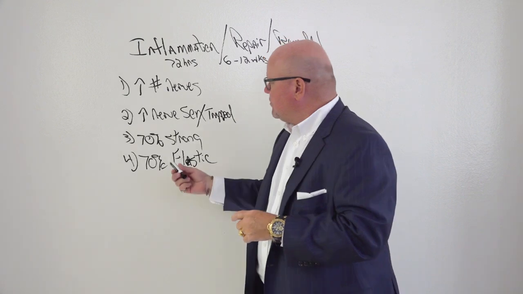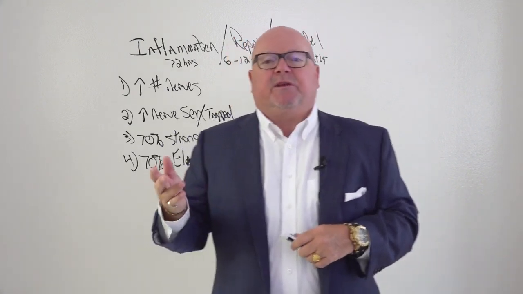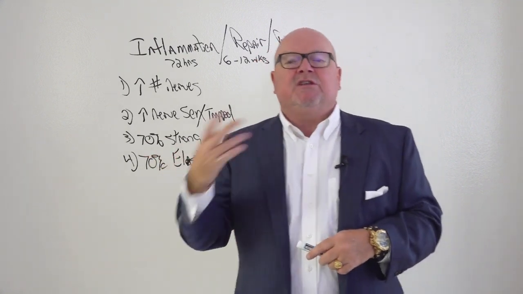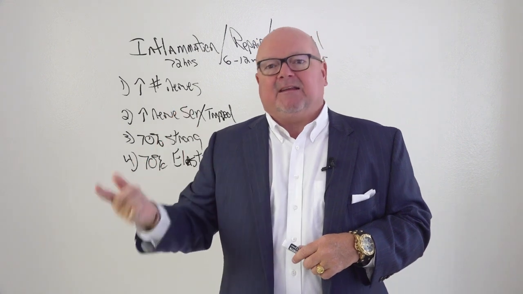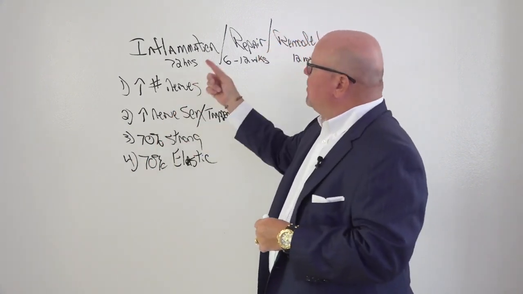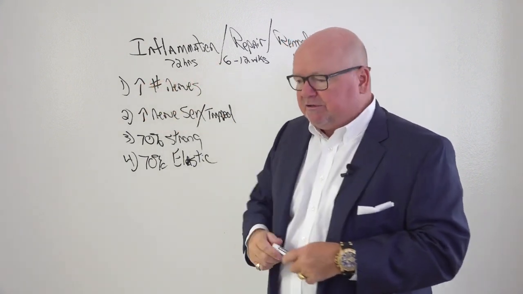But this is rehab. The remodel phase is rehab, and that's the reason for rehab, is to increase the tissue strength and elasticity to decrease the likelihood of it being a permanent problem and it coming back. That's the reason for rehab. So this is why and how chiropractic works.